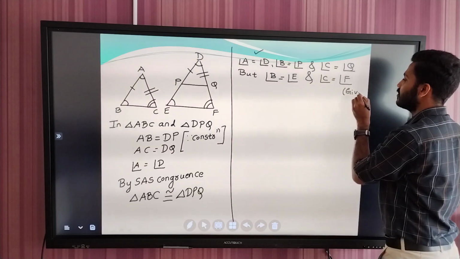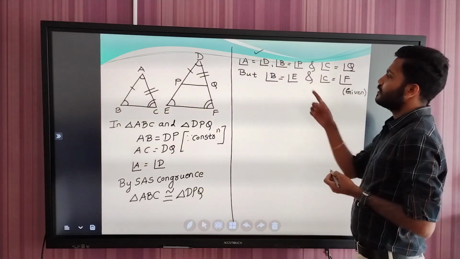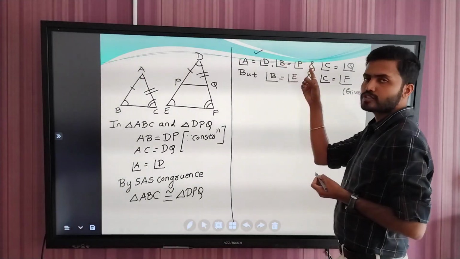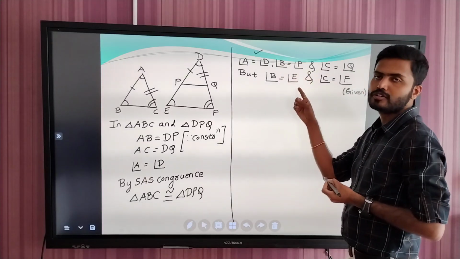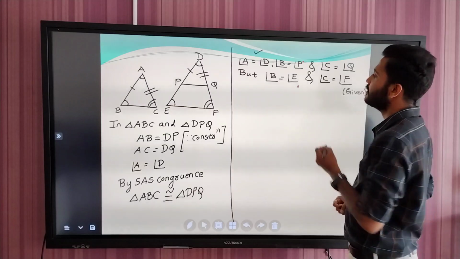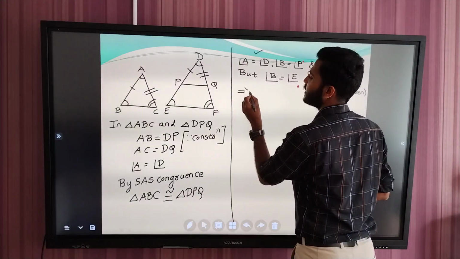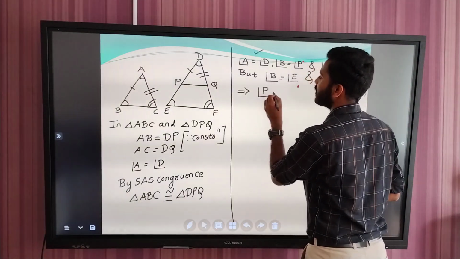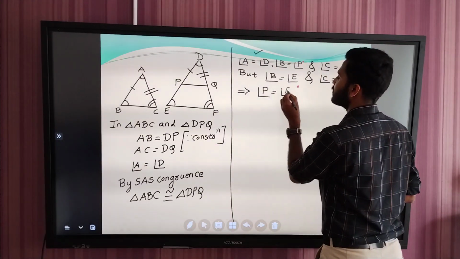So angle B is equal to angle P, and angle P is also equal to angle E. So I can say that angle P is equal to angle E.